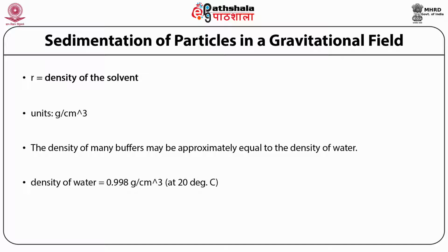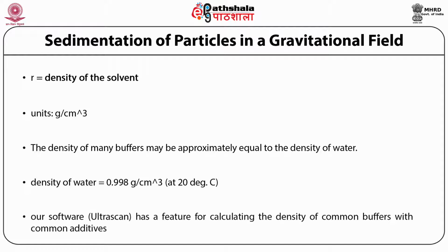However, if you use different kinds of buffers, then you have to take the composition of that buffer into account, and especially the molarity of the solution is also an important factor in considering the density of the solvent. One software known as Ultrascan has a feature for calculating the density of common buffers with common additives, and that can be utilized for data analysis in ultracentrifugation techniques.